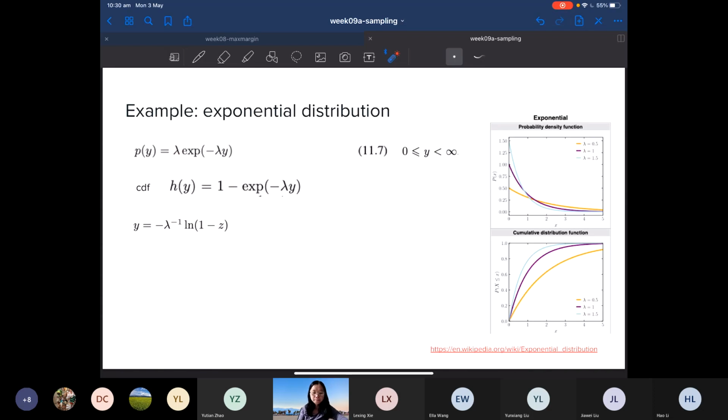And then we can just solve this, right? The inverse of the CDF function is simply this expression. We do so by setting this equal to z. On the left-hand side, 1 minus z will give us e to the minus lambda y. So we take the log and then divide by minus lambda. So we get this expression. So that's easy.